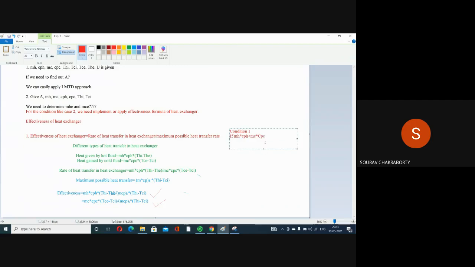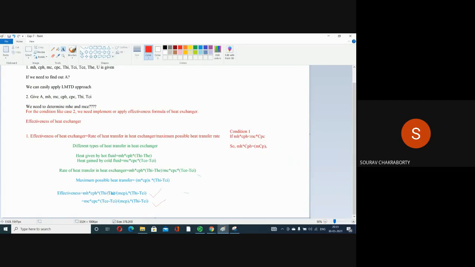If the condition is like this, as the product MHCPH is less than this one, MHCPH will be equal to MCPS. In that case, if you put MCPS equal to MHCPH in this expression, then what will happen?